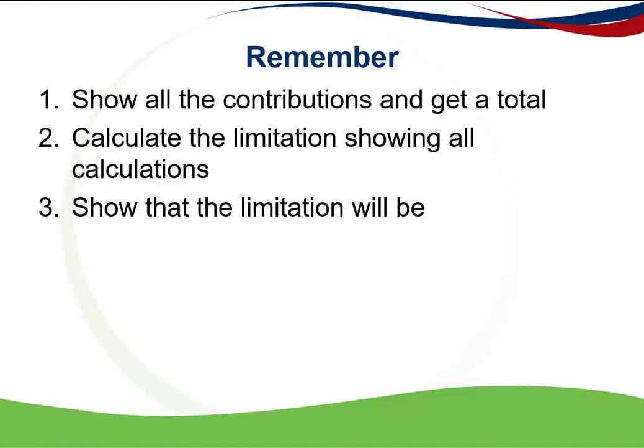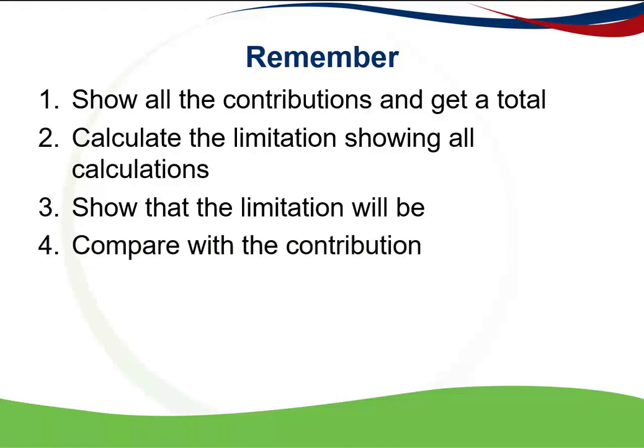A lot of students just merely add up the total, put the 3 limitations down and then say deduct this amount. So you need to say, well, here's the contributions and it's going to be subject to this limitation by applying the lesser of those 3 requirements for the deduction. And then you compare the limitation with the contribution.